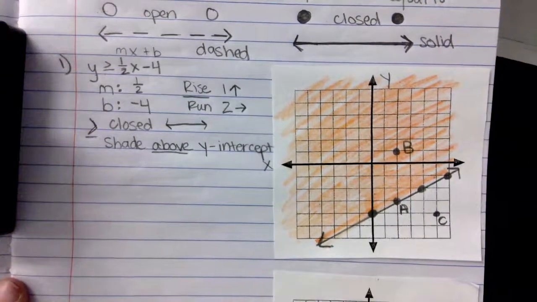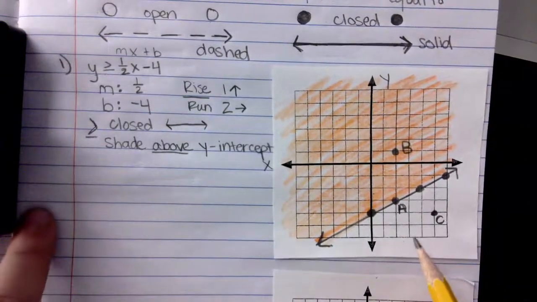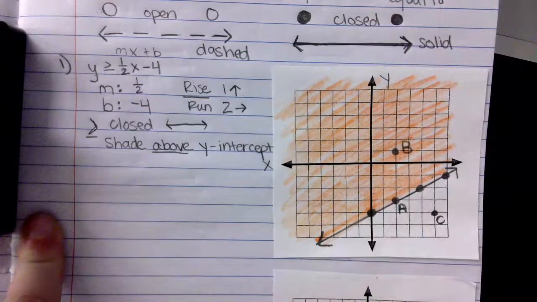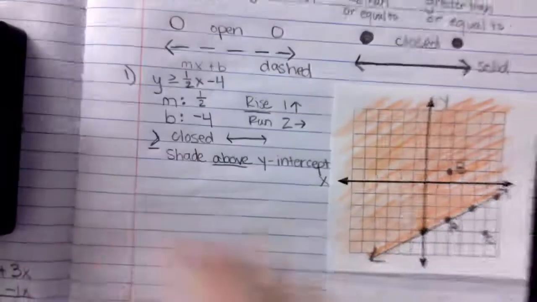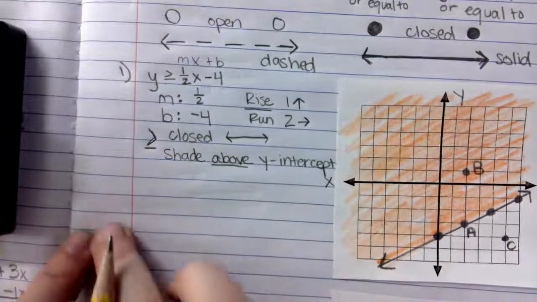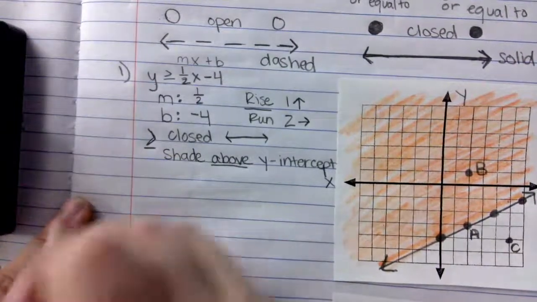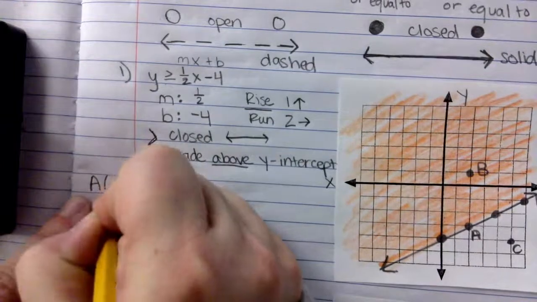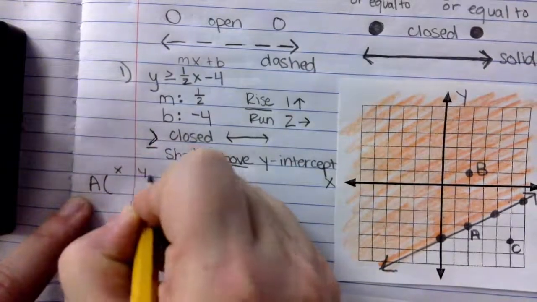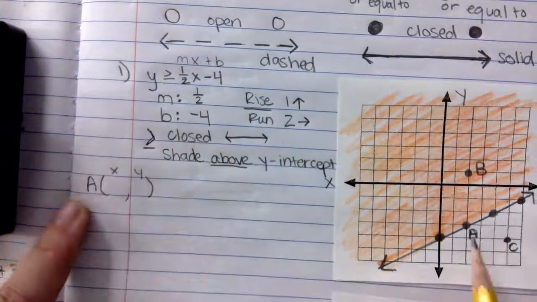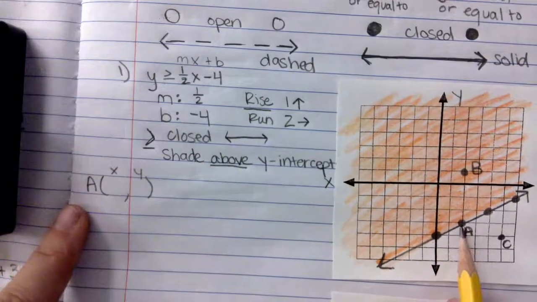So I'm going to start with point A. What is my X and my Y for point A? How would I get to that point from the origin? Good. I go right 2, positive 2, down 3, so negative 3. So 2, negative 3.